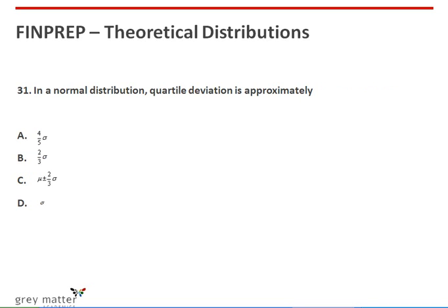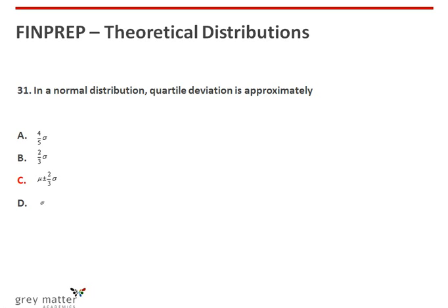31st question. In a normal distribution, quartile deviation is approximately equal to 2 by 3 of sigma, which is a property of the normal distribution. So the answer is B. Actually, the quartile deviation should be 2 by 3 sigma, and you can also take it as mu plus or minus 2 by 3 sigma.